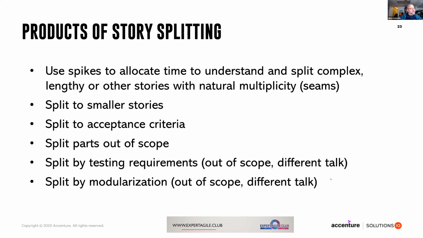Briefly, if there are certain features that you need to test more or less rigorously, sometimes we will split those stories because the testing becomes a constraint on the delivery of that value. But that's out of scope for this talk. And then we also have modularization, which is a technical way of splitting.